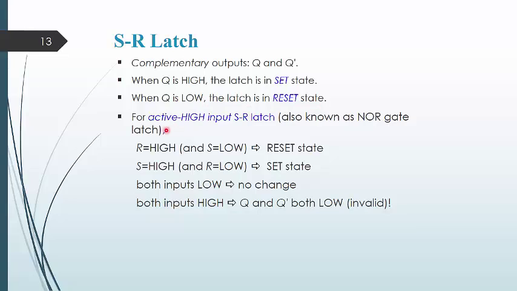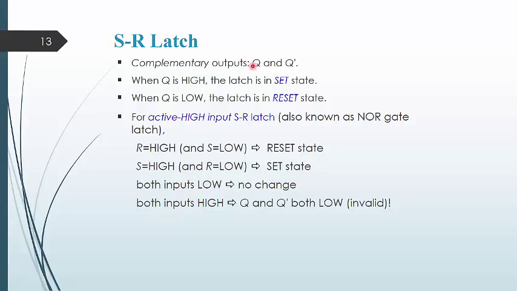And if I am saying that an active high input SR latch is present, then this is obtained with the help of NOR gates, and that's why this SR latch can also be called the NOR gate latch, in which, based on the two input combinations, the two output states are defined.